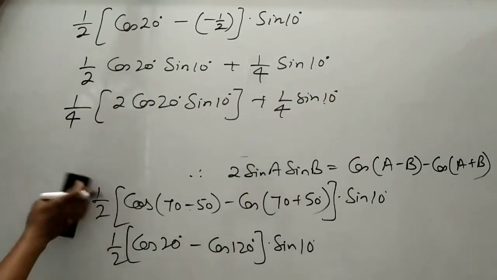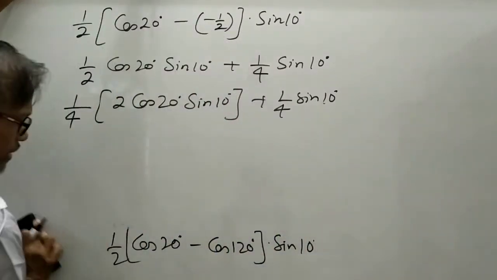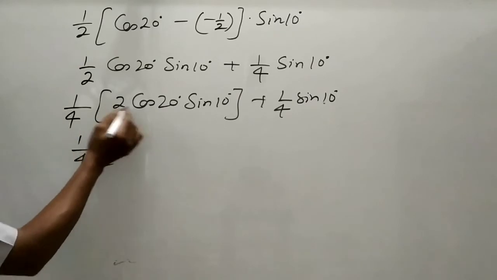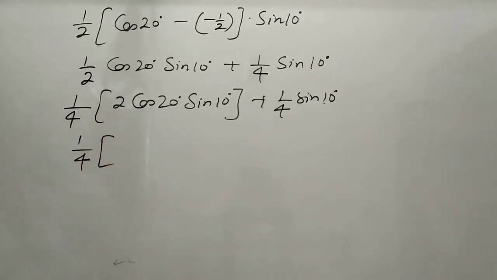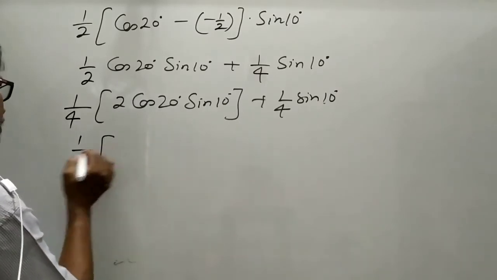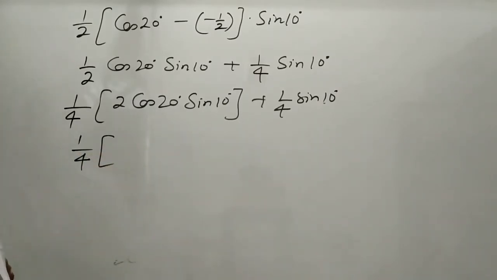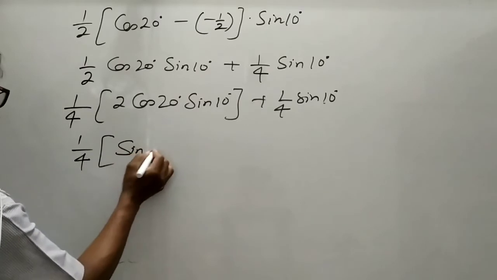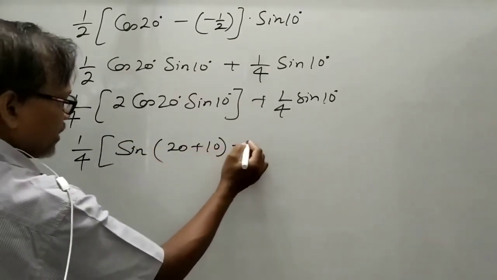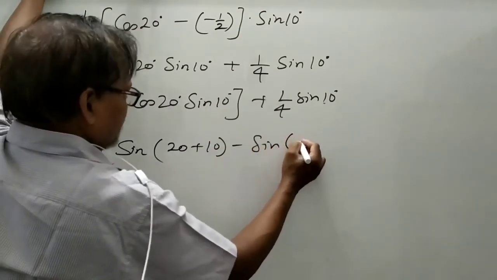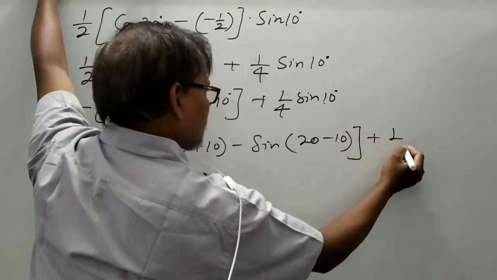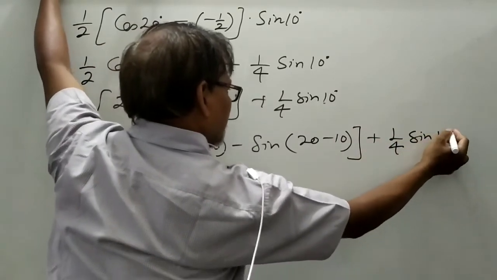Write as it is. And now 1 by 4, 2 cos A sine B is equal to sine A plus B, meaning 20 plus 10, minus sine A minus B, meaning 20 minus 10, and then plus 1 by 4 sine 10.